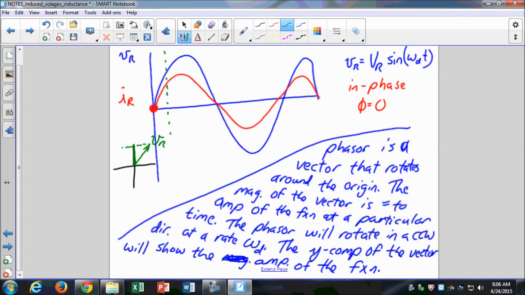All right. So if I pick another point, say over here, I'm going to draw the phasor for it over here, because I still have a positive value, but it's decreasing. If I come down here, I'll draw a phasor there, and now notice that my amplitude, which is the y component, has decreased.